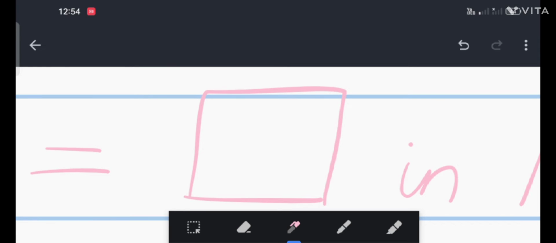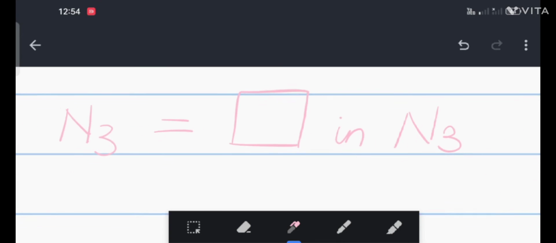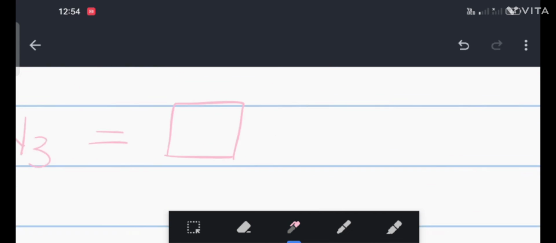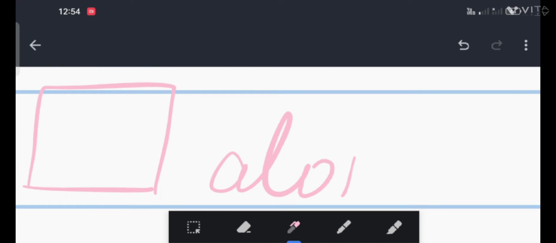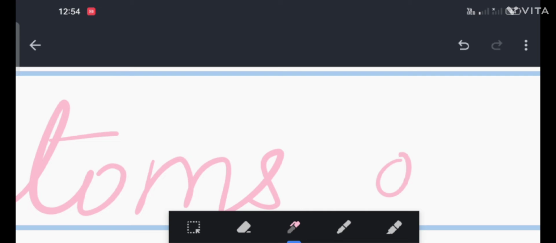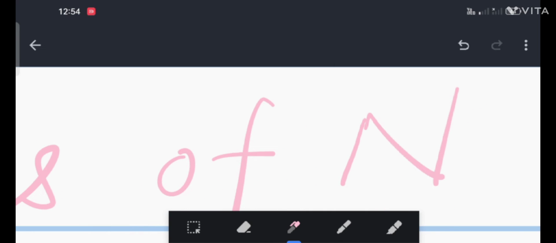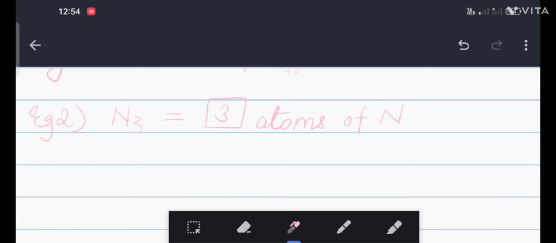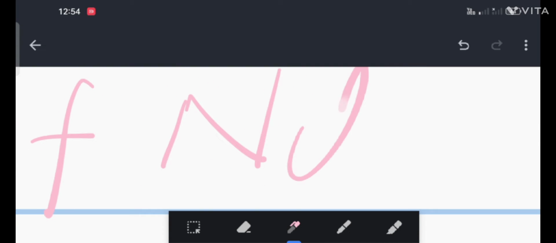Number of atoms of N in this substance. Yes, you're right. It is 3. Now it's okay if you don't know the name of the element. You will learn bit by bit. N is nitrogen.